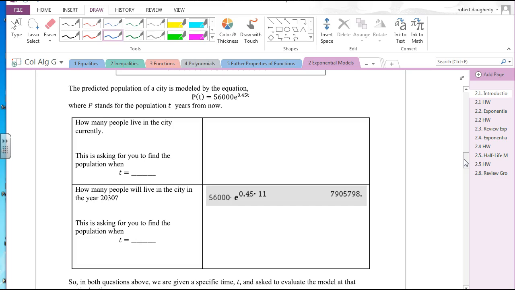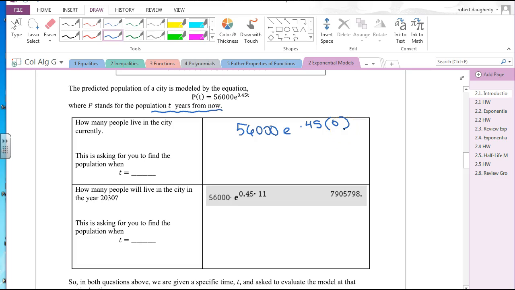56,000. Okay. Why 56,000? That's the initial value. So it tells me that t represents what? T years from now. How many years from now is now? 0. Okay. So to find the initial population, that's going to be 56,000 e to the 0.45 times 0.